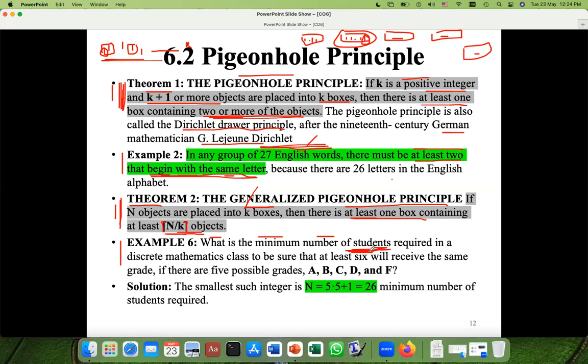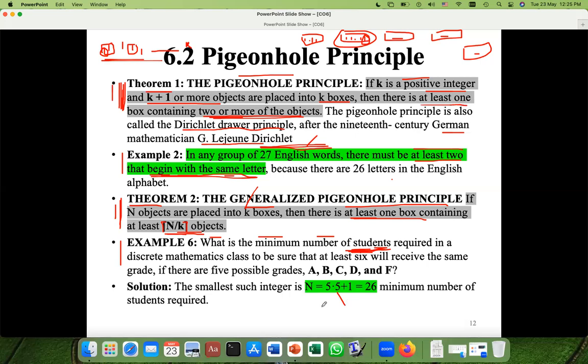So if it is at least 6, then it means 5 is available. 5 is the number of students for which the grade is surely the same. So this is the answer.